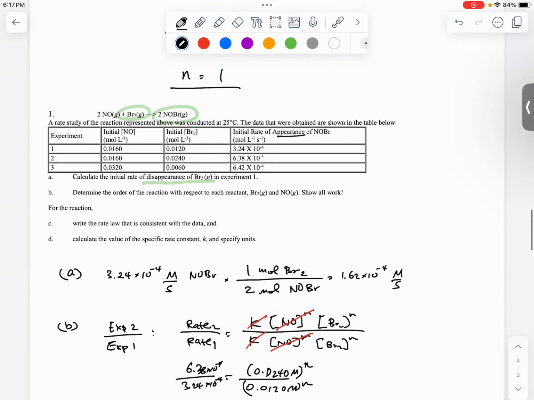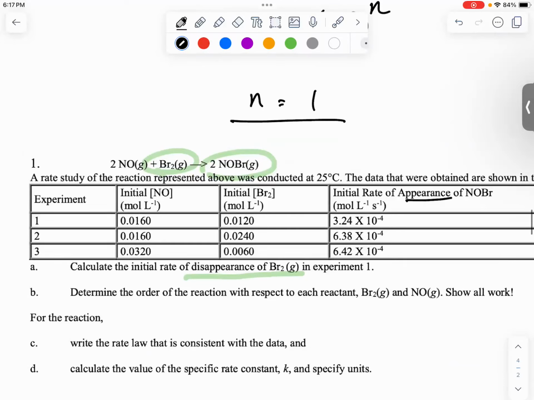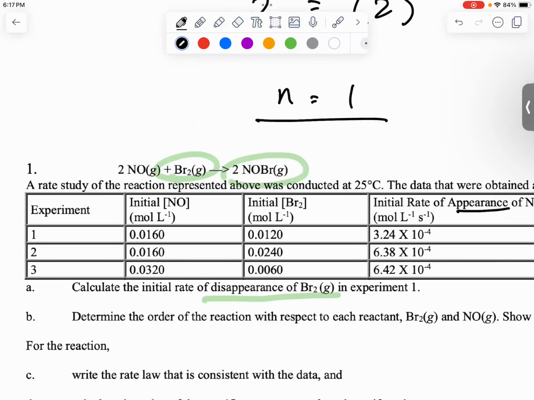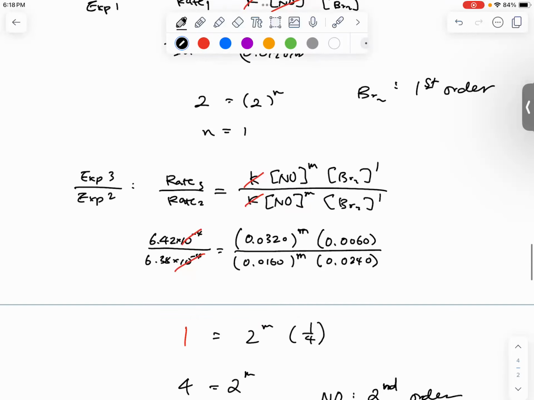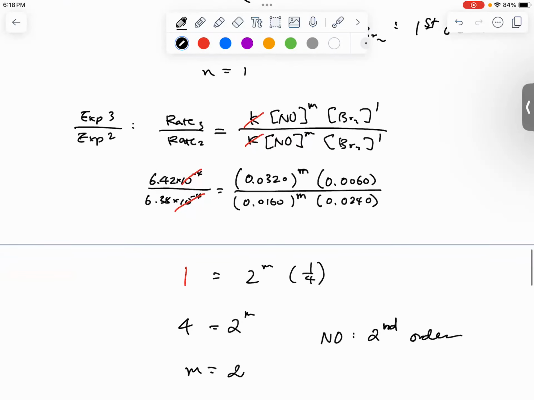Earlier I said you always look at two experiments with one pair of identical concentrations, but it may not always be the case. If that's not the case, find the easy one, and then use that exponent to get the missing exponent.